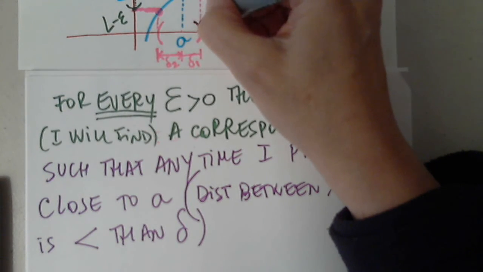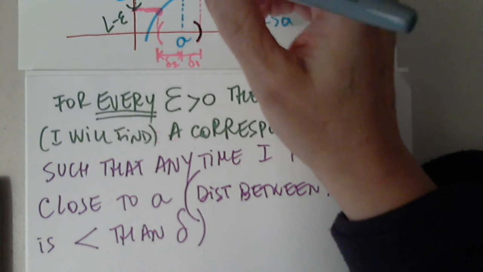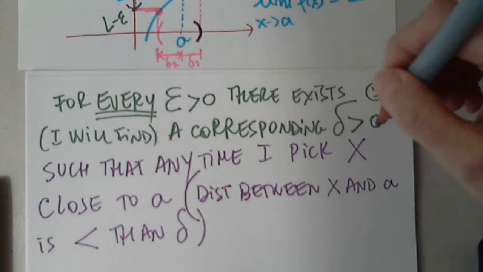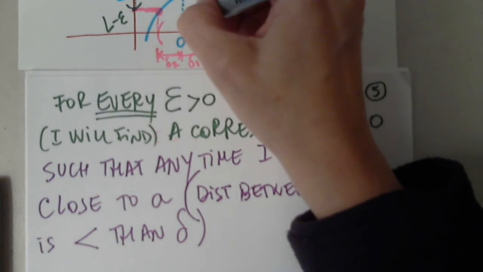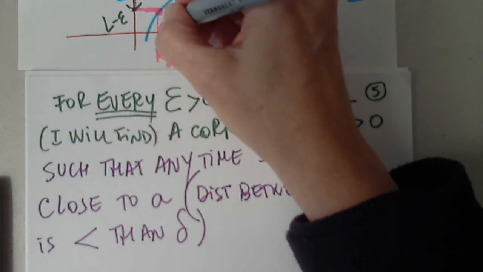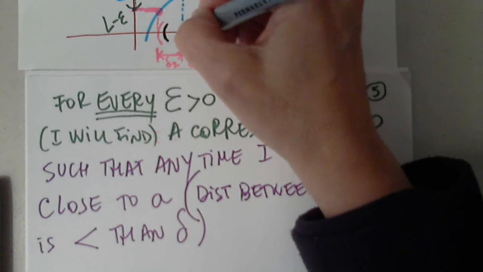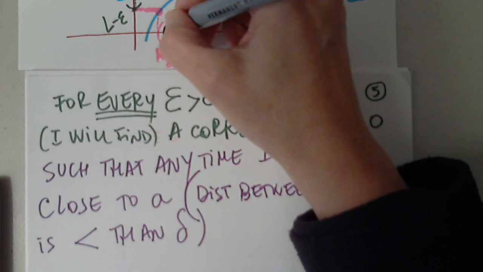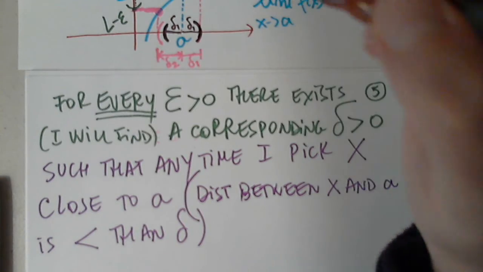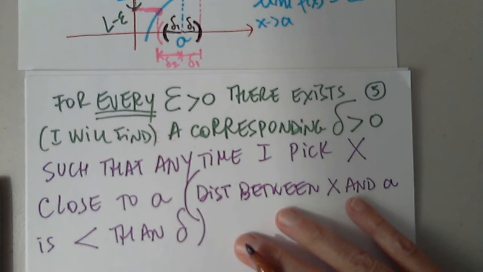Because this is smaller, the interval around A has also to be a symmetric interval. So if I choose delta 1, then I will have this interval. This will be my delta 1, and this will be my delta 1. And now watch me choose.